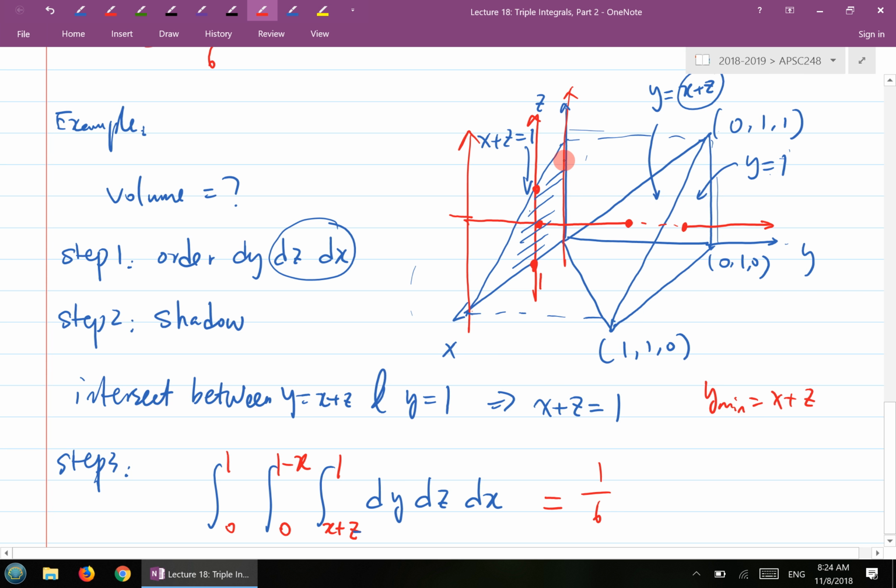Where? X plus Z? Oh, 1 you mean? So okay, that's a good point. The x max is basically the projection of this vertex onto here, right? Or it's the intersection between this line and the x-axis.